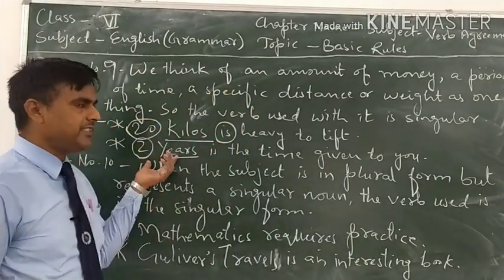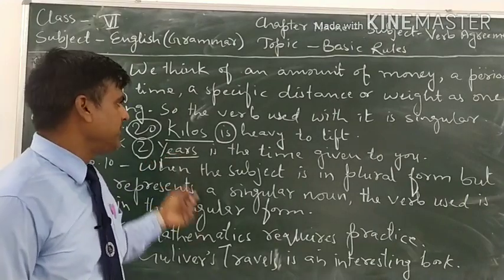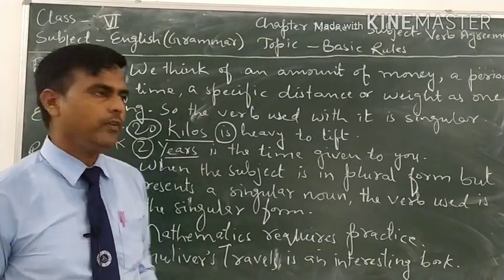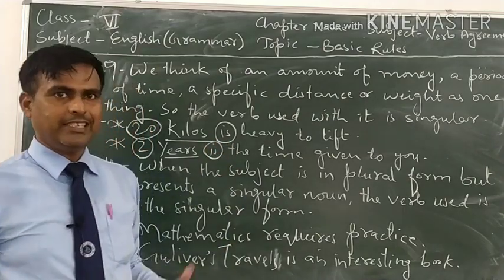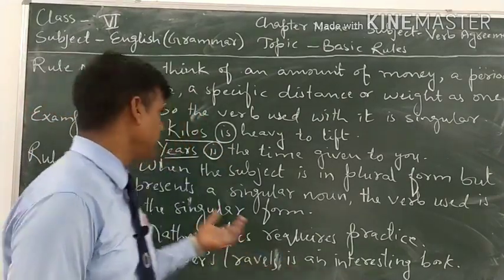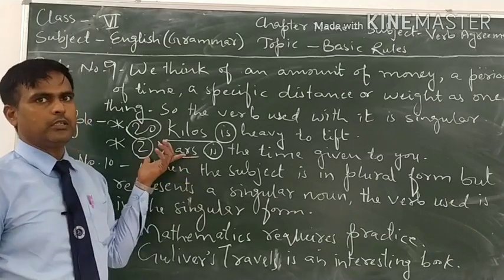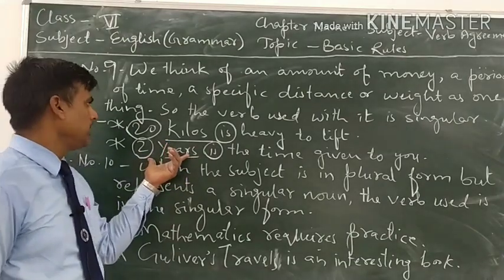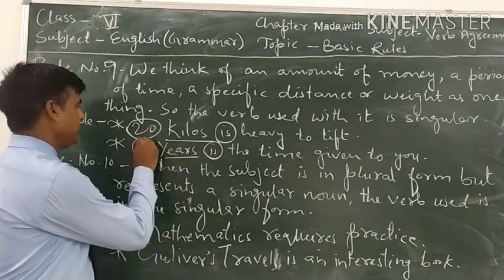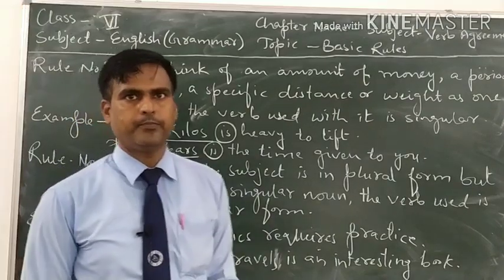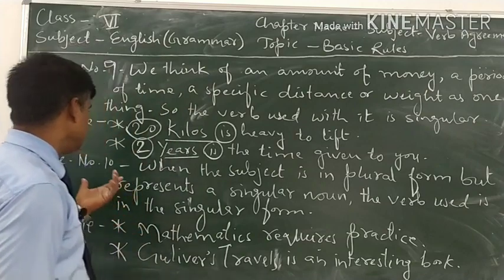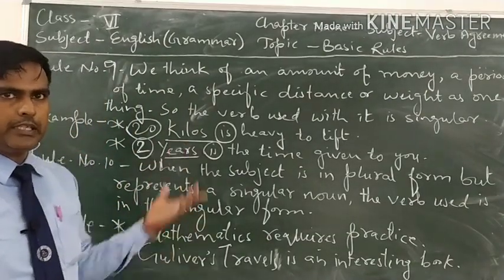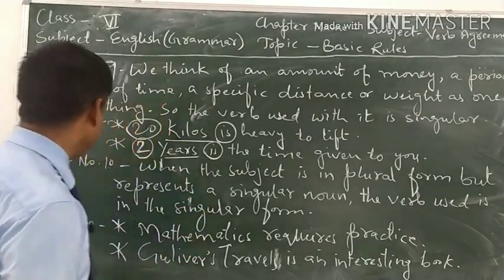Because of this digit 2, the subject is singular and we will use a singular verb. It seems that the subject is plural, but actually the subject is singular because of the use of these digits.